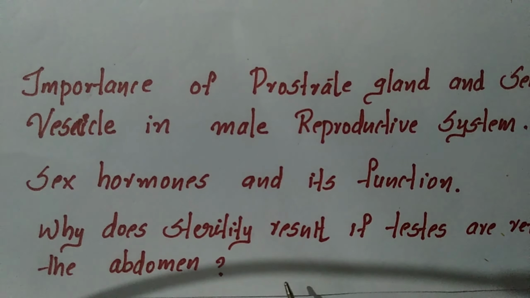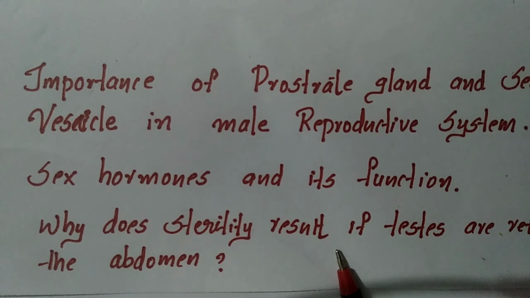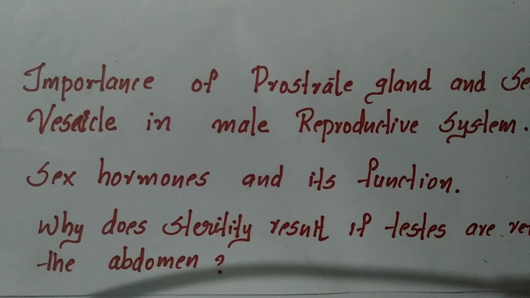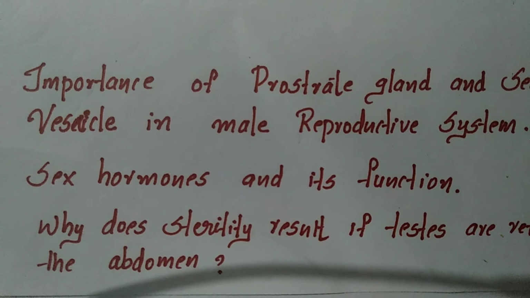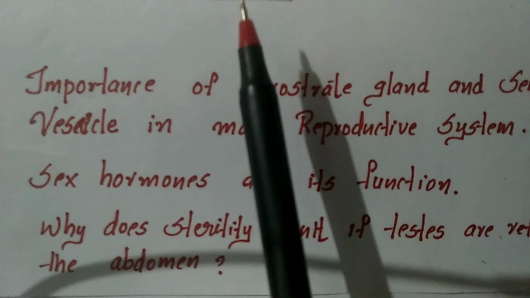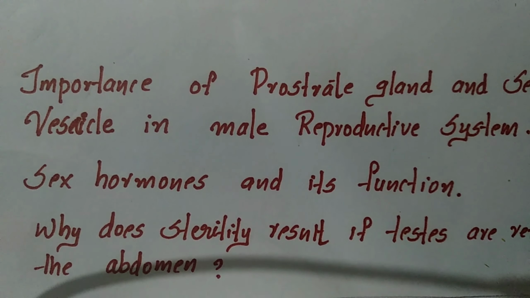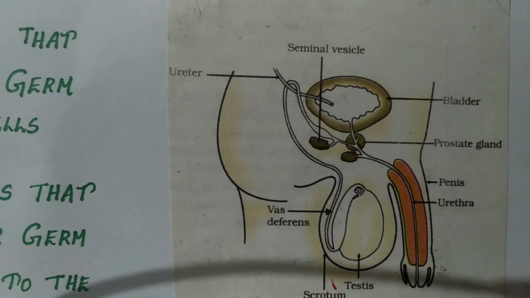Because sperm formation requires an optimum temperature, which must be lower than the normal body temperature. Because of that, the entire testis as well as the penis, this major portion of the male reproductive system, is placed outside the abdomen. So this is all about the male reproductive system, its parts and functions.